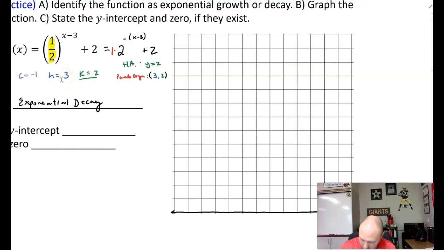I'm going to move my axis left 3 so that my function is centered. So there's our axes. Okay, let's plot the horizontal asymptote at 2. And then our pseudo-origin, I'll go ahead and plot that, which is right there.